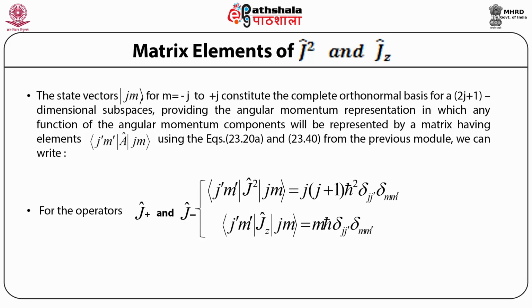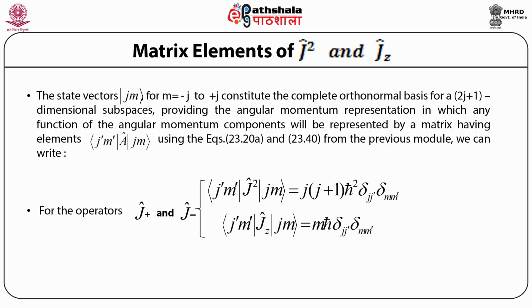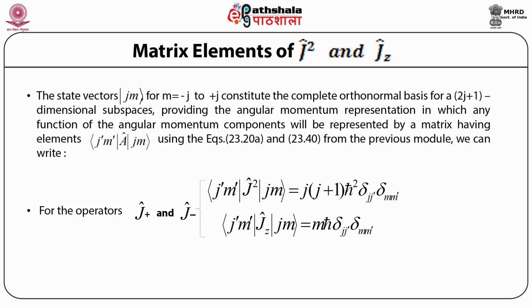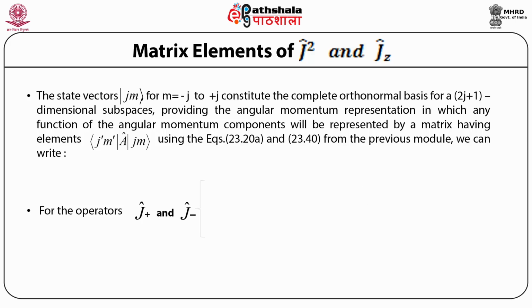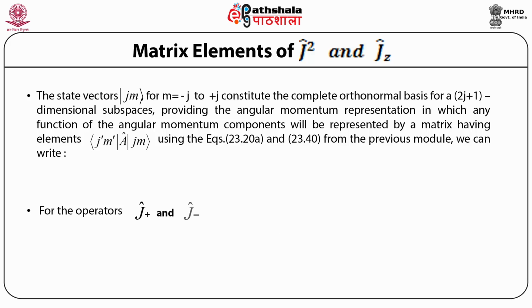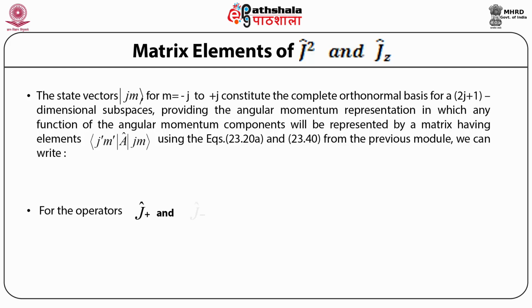Similarly, if we try to find the matrix elements for the operator Jz, we have a similar representation: <j' m'|Jz|j m>, and this gives us the final result m h cross delta j j' delta m m', where m is the magnetic angular momentum number.